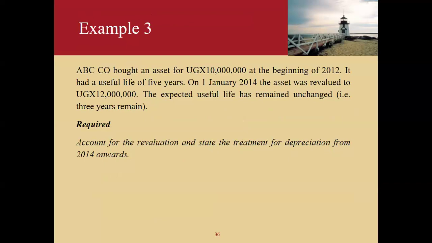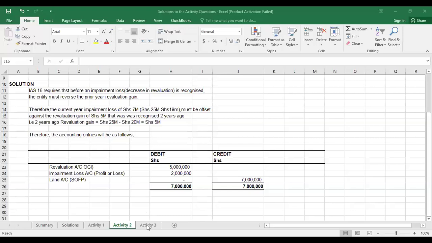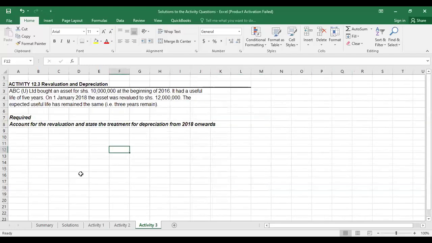Let me take you through the solution quickly. So ABC Uganda Limited bought an asset for 10 million shillings at the beginning of 2016.